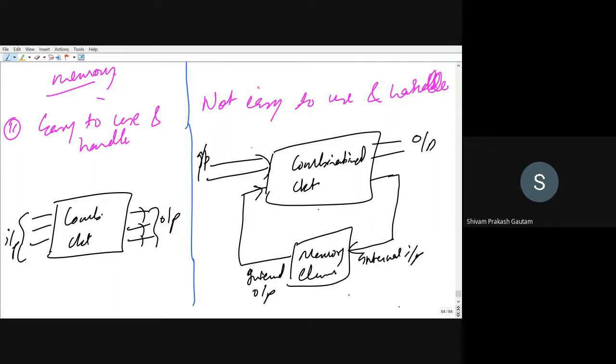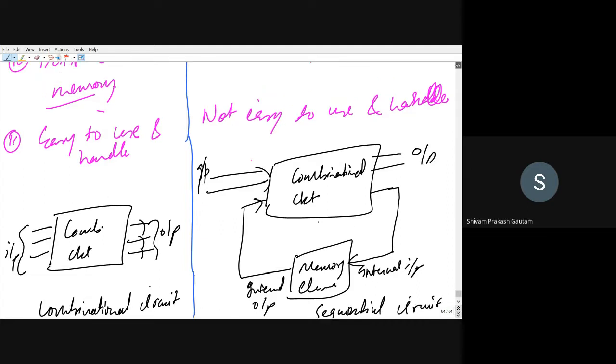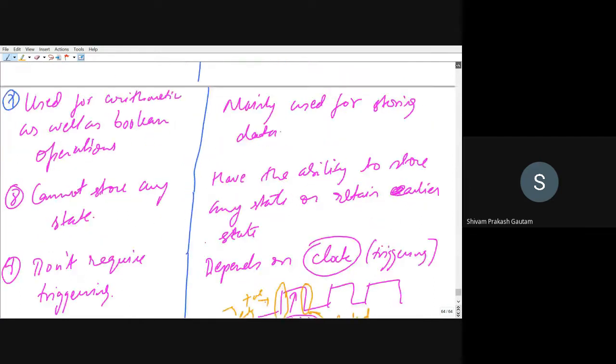It might be possible that you can include the memory element, or directly you can connect the output to the input without using memory element, right? So this is a combinational circuit, and this is a sequential circuit. Let me again cover what are the differences, so it will be more clear.